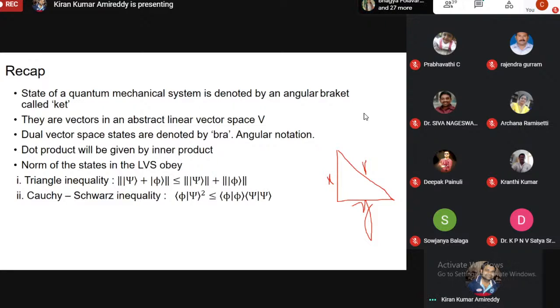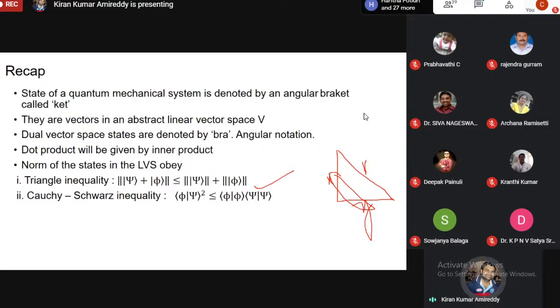So the triangle law always says that the sum of the two adjacent sides, you can take anything, can be greater than or equal to the third side. It cannot be less than. Means if you add two sides, it cannot be less than the third side. So that is called the triangle inequality.